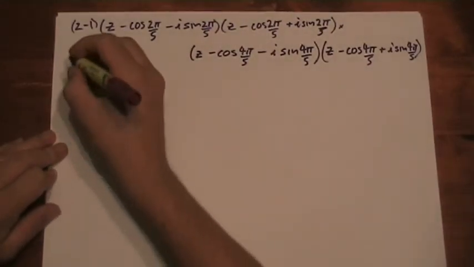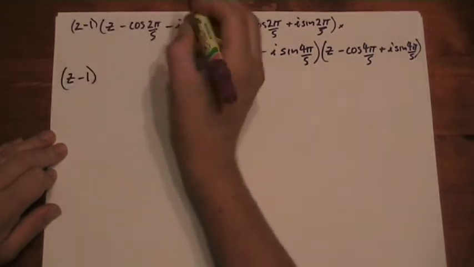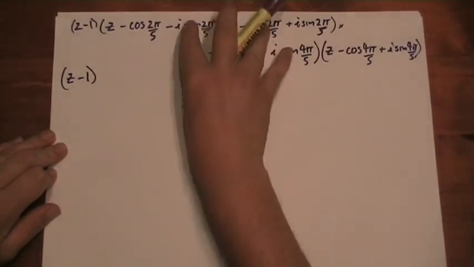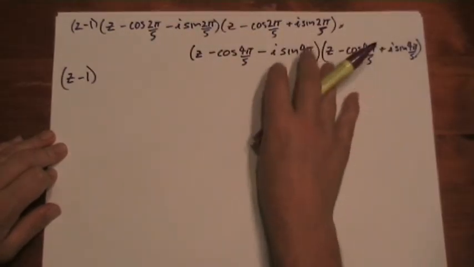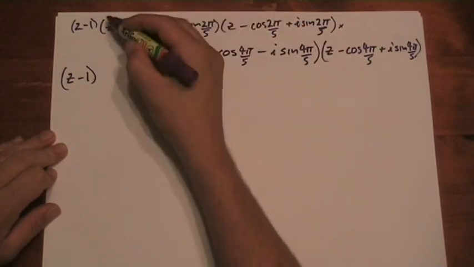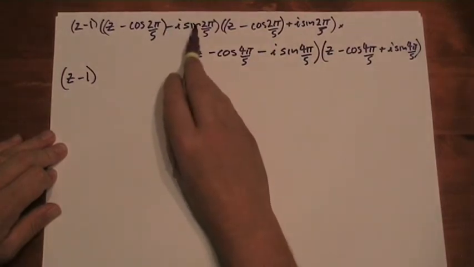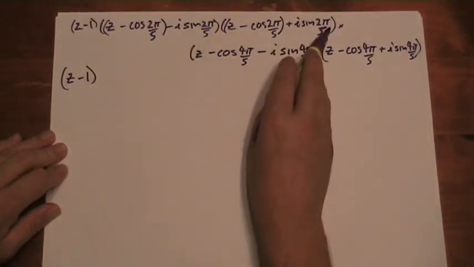So the z minus 1 is still staying there as one of the factors over the real field. If I have a look at these two factors, and I'll just do these two and you can apply exactly the same to these ones down here, what I actually have is a difference of squares, where this is one term and then minus i sin 2 pi on 5 plus i sin 2 pi on 5.